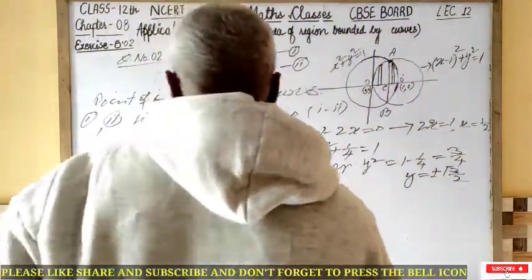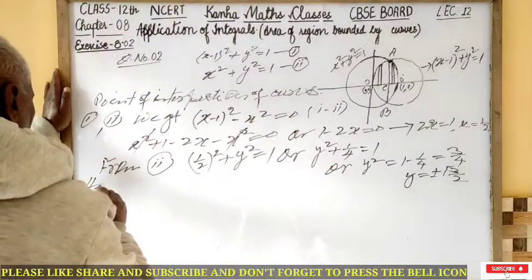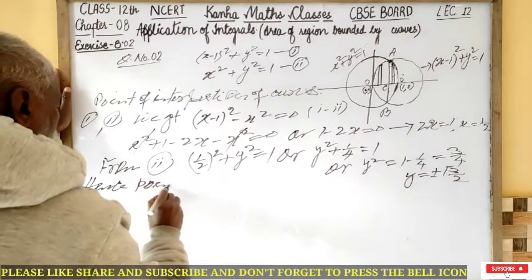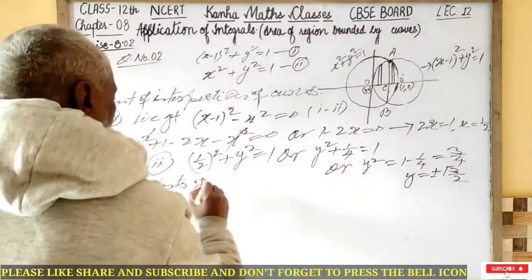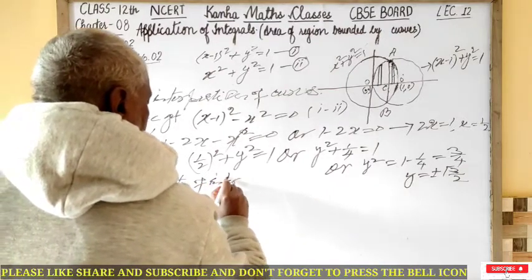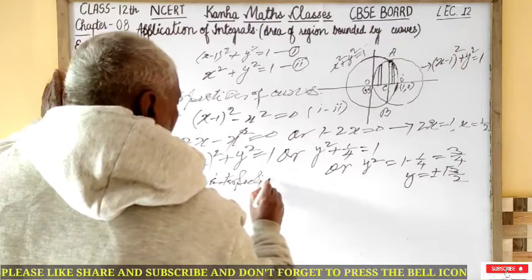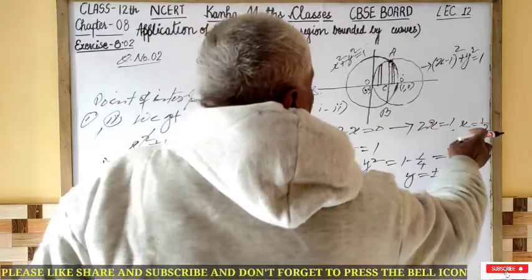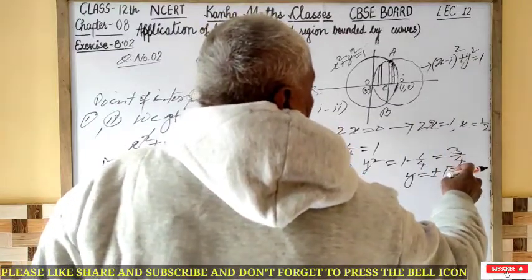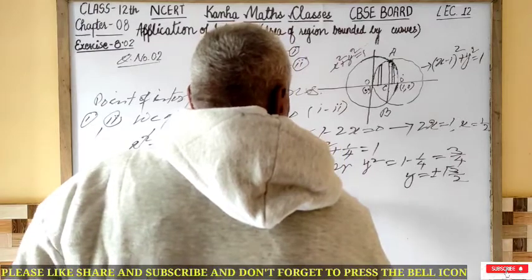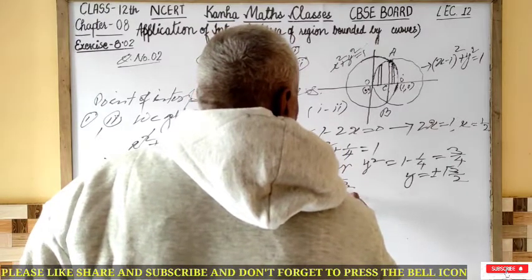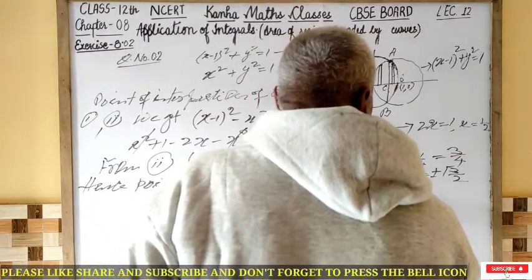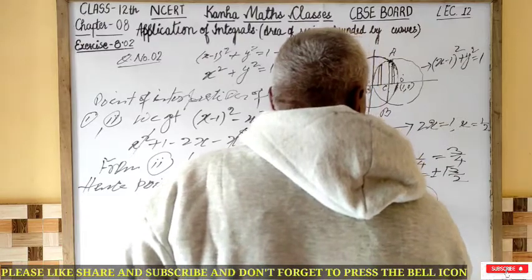Hence points of intersection, taking plus sign, are (1 by 2, root 3 by 2) and (1 by 2, minus root 3 by 2).